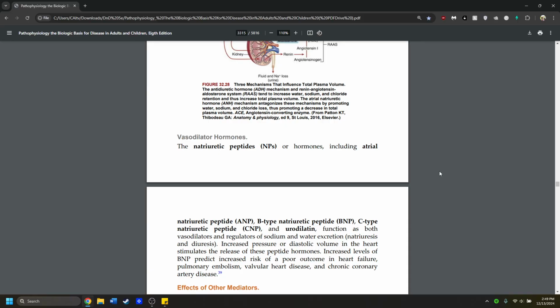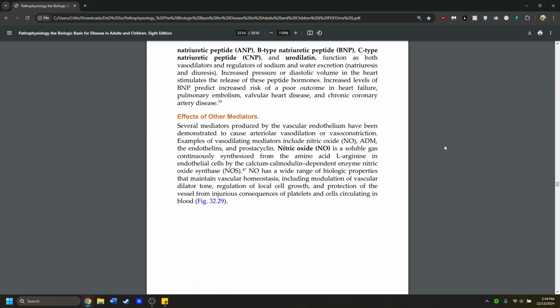Increased pressure or diastolic volume in the heart stimulates the release of these peptide hormones. Increased levels of BNP predict increased risk of a poor outcome in heart failure, pulmonary embolism, valvular heart disease, and chronic coronary artery disease. Your BNP is what we've been measuring in our heart failure patients, which is why when it's crazy high, like 22,000 and above, we know that they are not able to maintain their blood pressures.